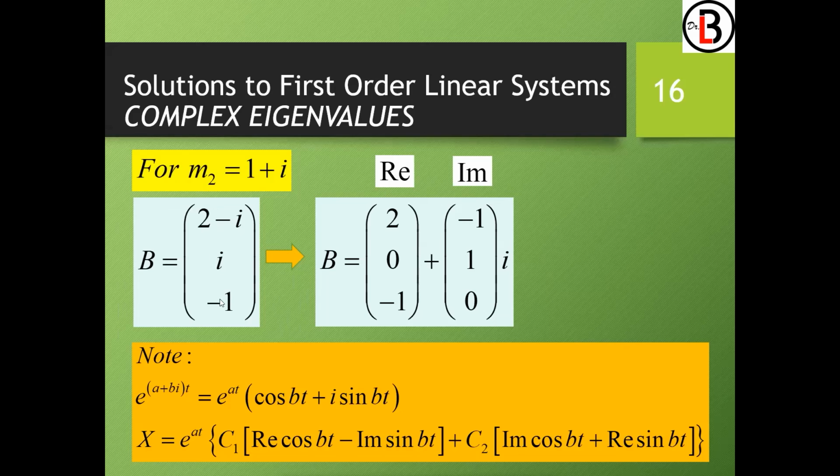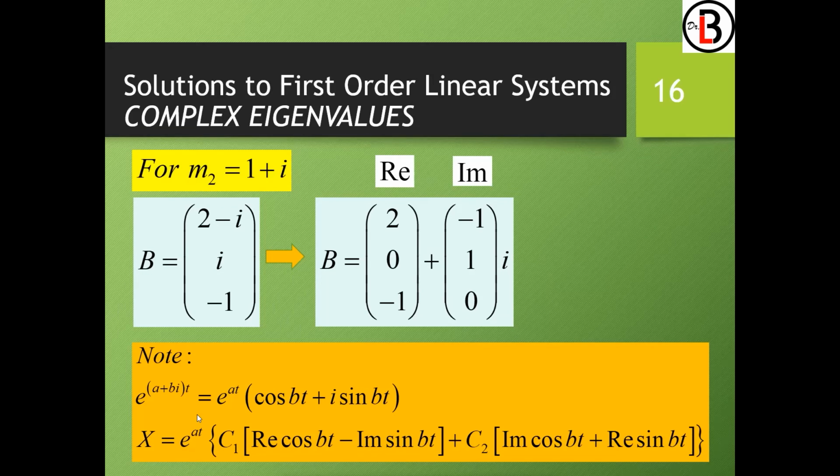So 2 minus i, and I split this as real and imaginary. When I split that as real and imaginary, the real components are 2, 0, and negative 1. The imaginary components are negative 1, and 0. But since I moved out the i, I can choose to just leave the coefficients in here.